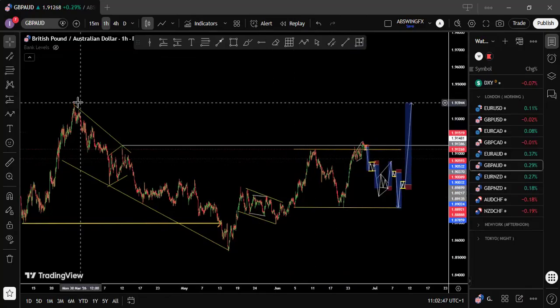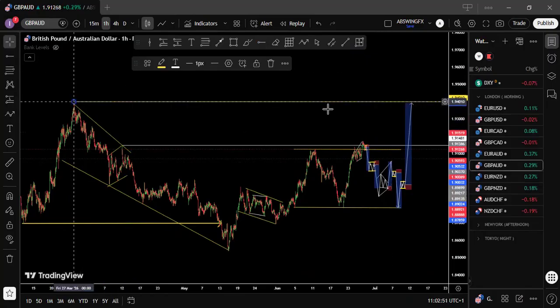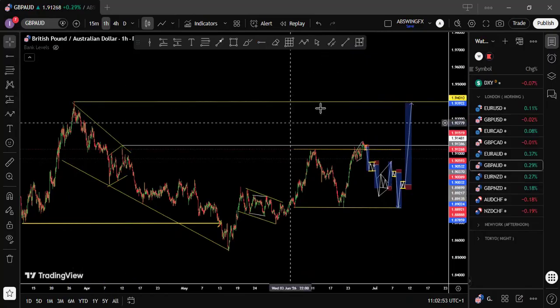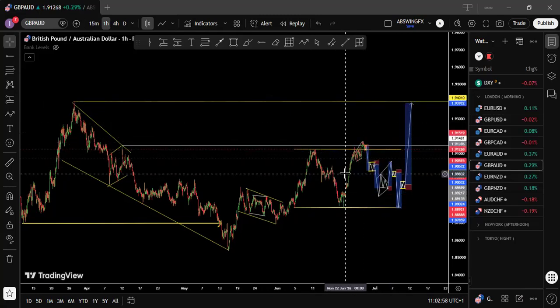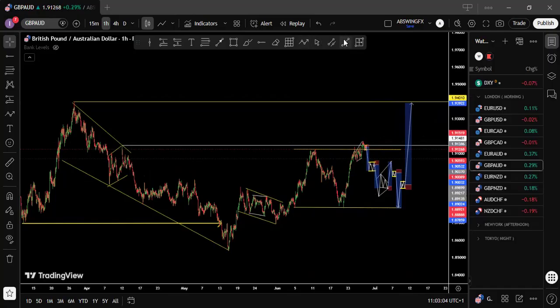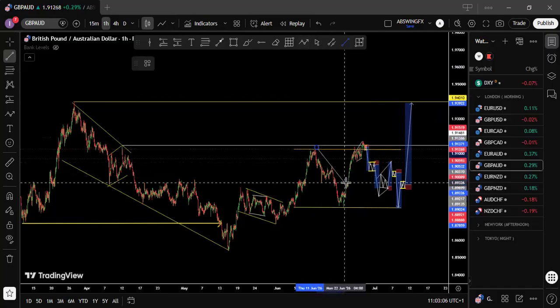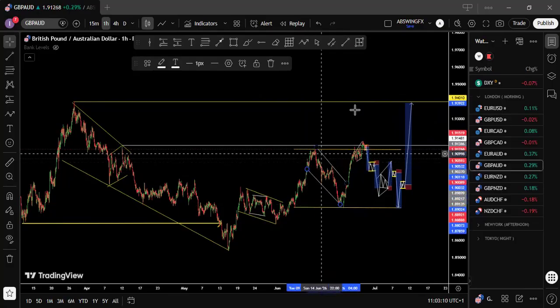Then we have it back into this region. So that's one of the reasons we have to wait in this region. And if this market moves to this region, definitely this becomes what? The midsection.